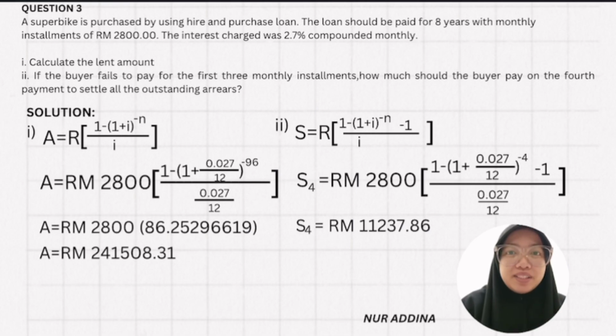Part B, question number 3. A superbike is purchased by using a hire purchase loan. The loan should be paid for 8 years with monthly installments of RM2,800. The interest charge was 2.7% compounded monthly. For question 3a, calculate the loan amount.